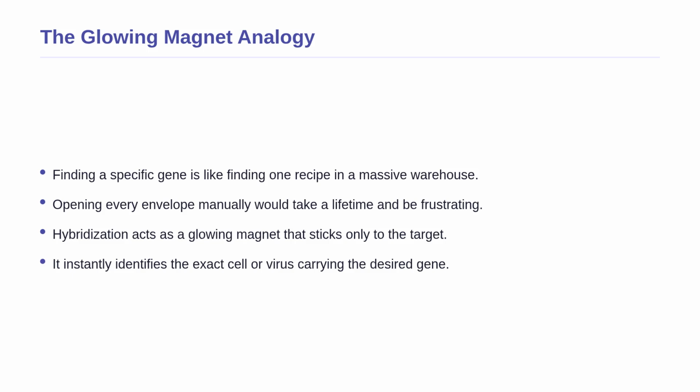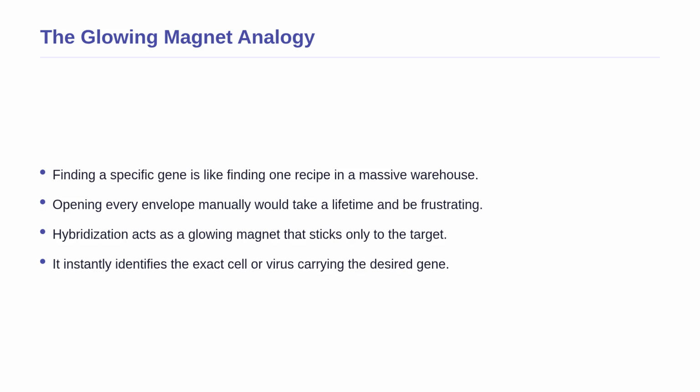Imagine you are looking for a single, specific recipe card hidden inside a massive warehouse filled with millions of blank envelopes. Opening every single envelope one by one to read the contents would take a lifetime and be incredibly frustrating. Instead, what if you had a magical glowing magnet that only stuck to the exact recipe you wanted?